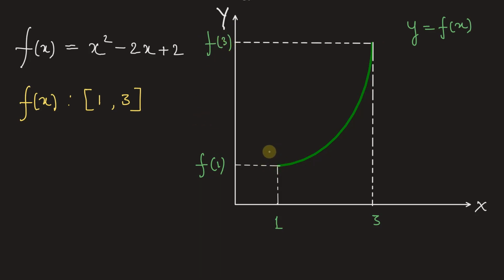Now let's say this point here is A and this point is B. If we draw a line from A to B, it will have some slope, let's say m.